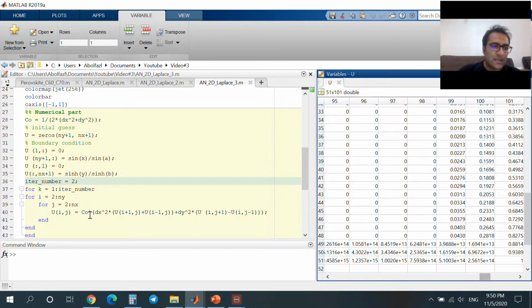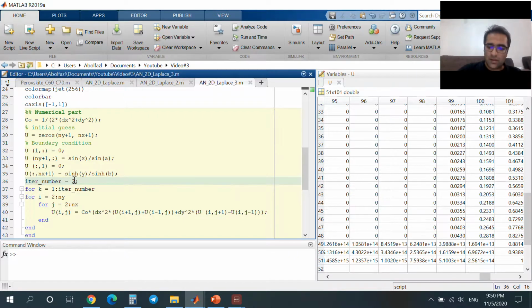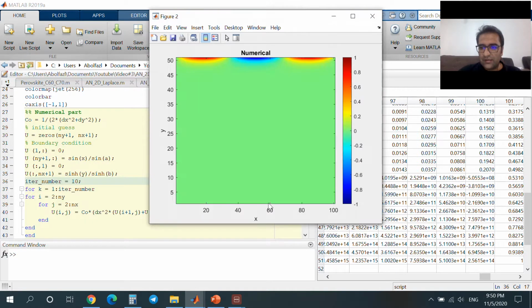And if I increase the iteration number more, for example 10, F5, you see we update the other rows and columns.